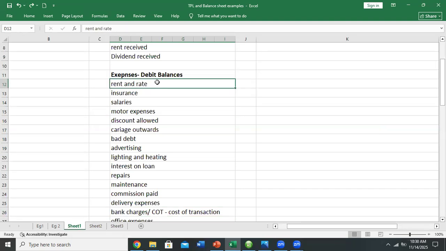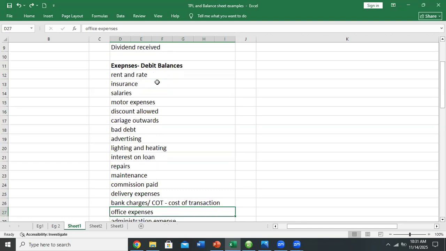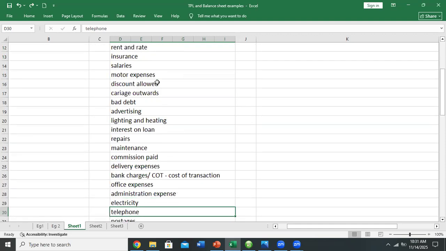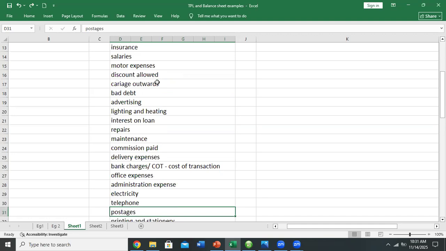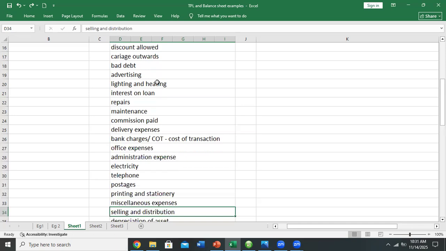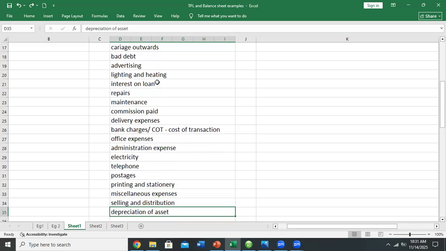So we have rent and rate, insurance, salaries, motor expense, discount allowed, carriage outwards, bad debt, advertising, lighting and heating, interest on loan, repairs, maintenance, commission paid, delivery expense, bank charges, office expense, administrative expense, electricity, telephone expense, postage, printing and stationery, miscellaneous, selling and distribution, depreciation of asset.